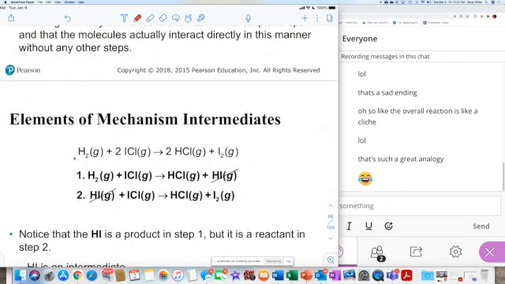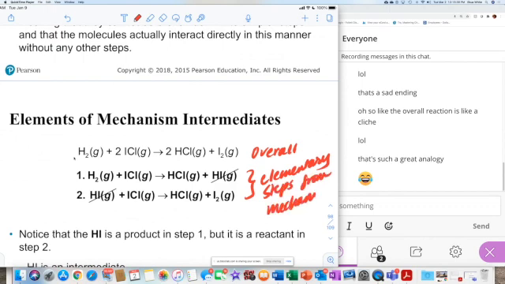So they're showing you here, how do you get the whole from the parts? This is the overall reaction. Once again, these two are the elementary steps from the mechanism. They're showing you that if you add the two elementary steps, you end up with the whole overall reaction.